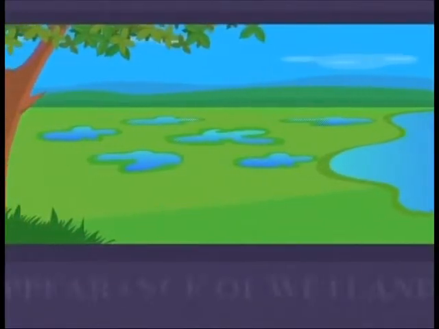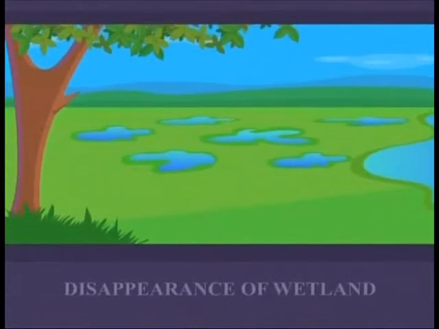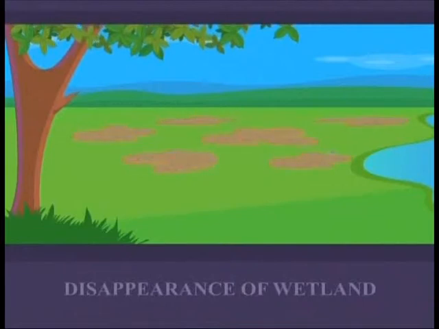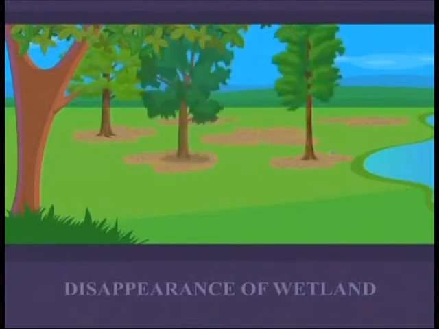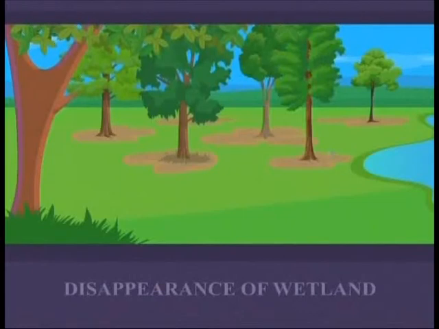The wetlands at the edge of ponds and lakes face the danger of completely disappearing. The reason behind this is that year after year, the dead leaves and sediment pile up on the wetland and ultimately dry it out. This gives way to other plants and trees to grow, and in due course of time, the wetland can totally disappear.